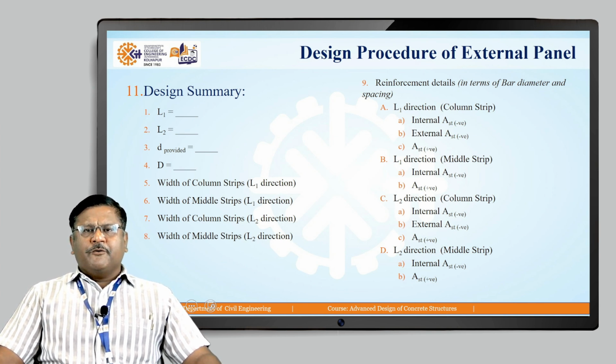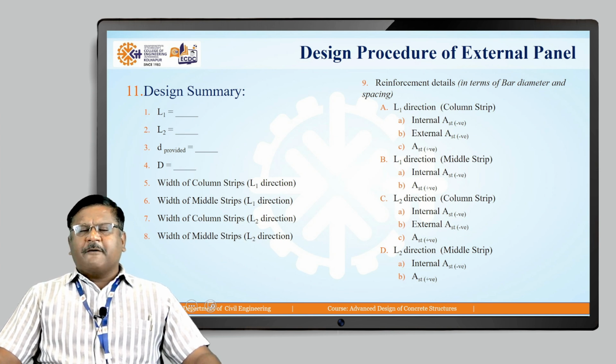For example, if you use the 16 mm bars at 150 mm center to center, then while writing the steel, you want to write 16 mm Tor bars at 150 mm center to center. This is the right procedure to write the steel in the design summary.